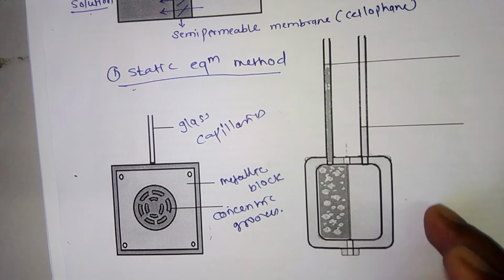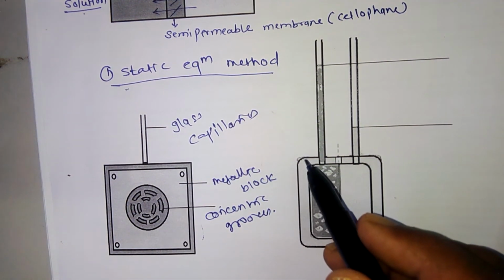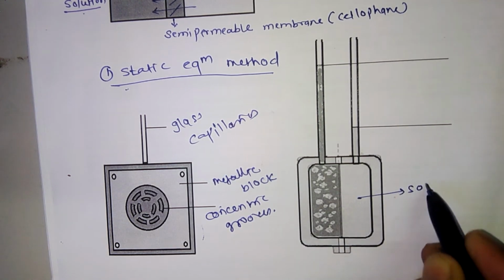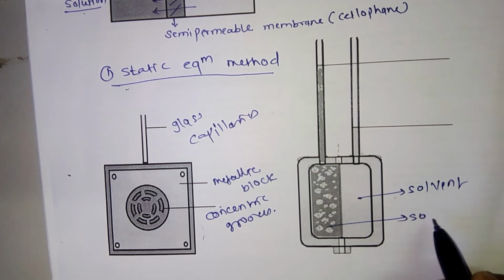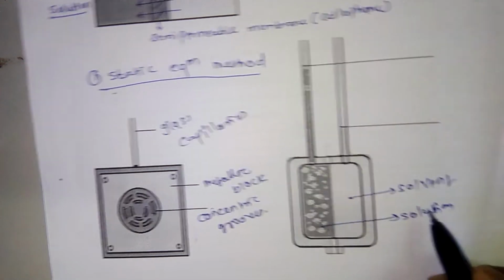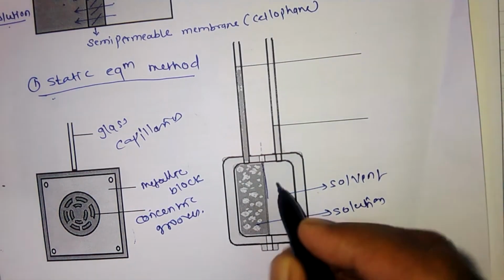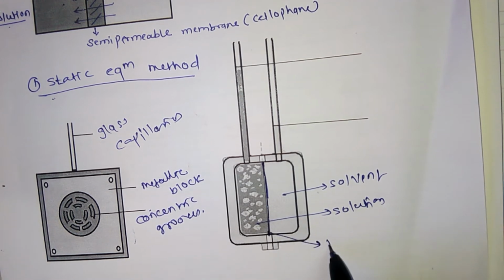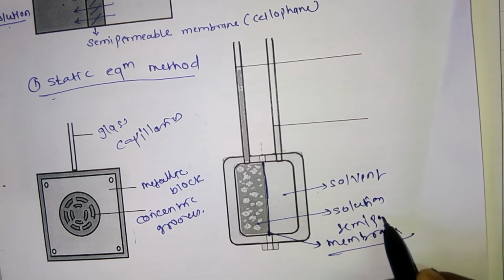This shows some part of the vertical details of the compartments. This is the solvent compartment and this is the solution compartment, and they are separated by a semi-permeable membrane. This thin layer is called the semi-permeable membrane.